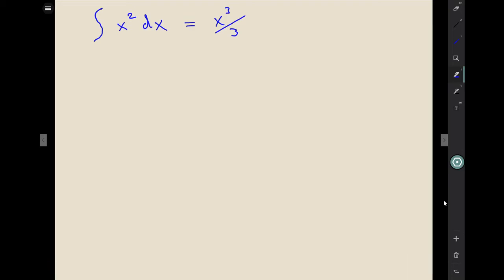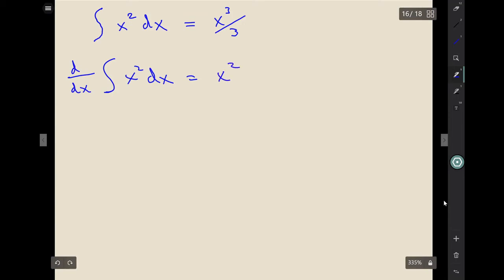If I take the derivative of both sides, I'm going to get d over dx times the integral of x squared dx is equal to, taking the derivative of x cubed over 3, x squared.